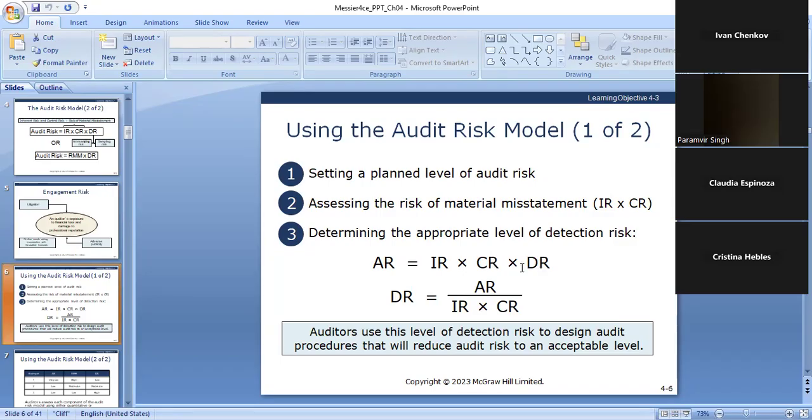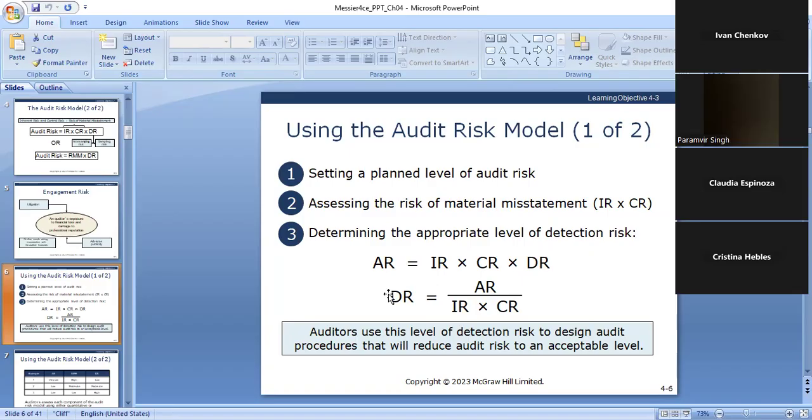What will be the number here that I need to achieve in order to get the audit risk? So what I'm doing here is taking 7 divided by 8, and whatever number I get, that should be my detection risk.